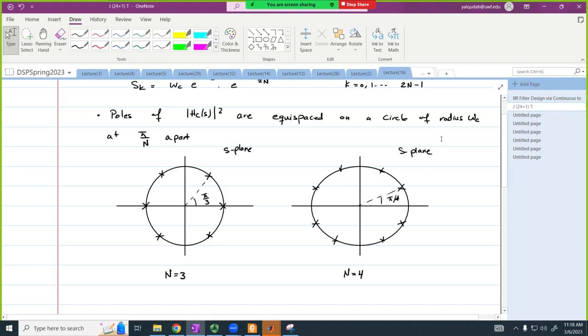Does that make sense? So this is also π over 4, to the origin.